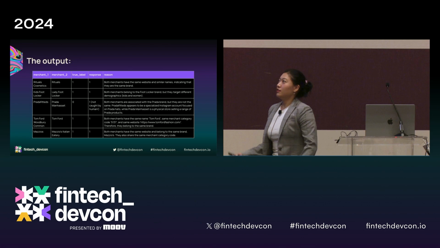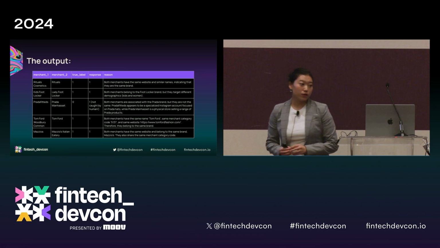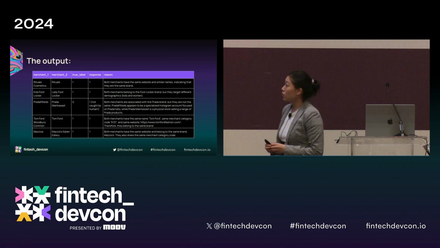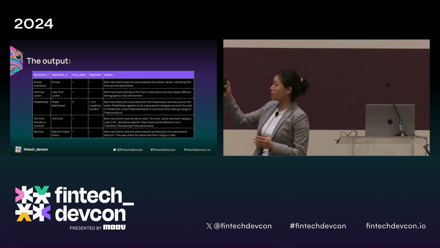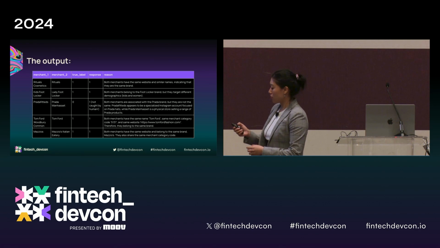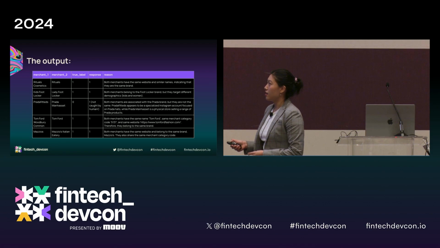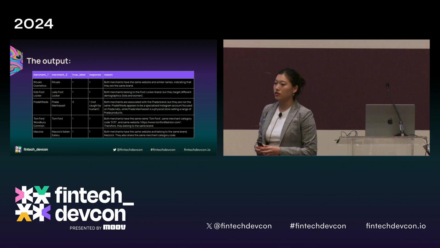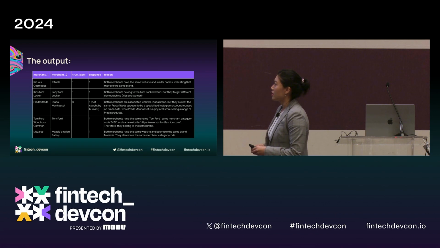Right now, let's review some of the outputs. So in this table, the first two columns are merchant names for the pairs that we send to the agent. The third column is the true label of those pairs, the fourth column is the response that the agent returned to us, and the last one is the reason that it gave us.